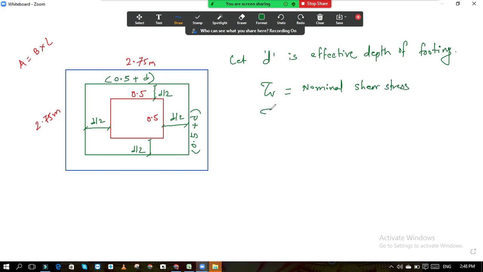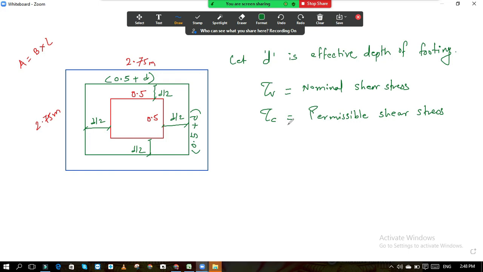And tau c is called the permissible shear stress. Nominal shear stress means the shear stress which is actually generated in the member, and tau c means the permissible value of the shear stress. This is the standard value given in the IS code.